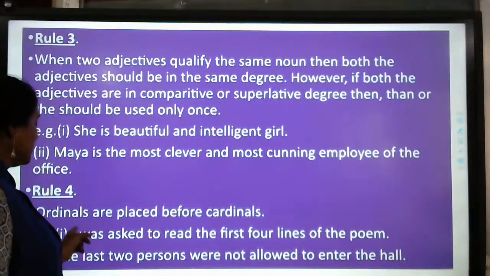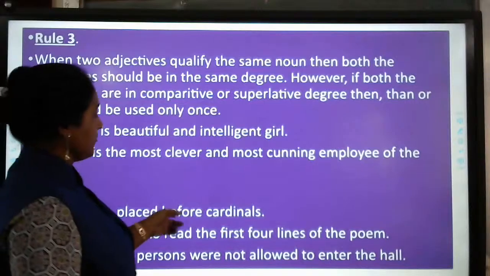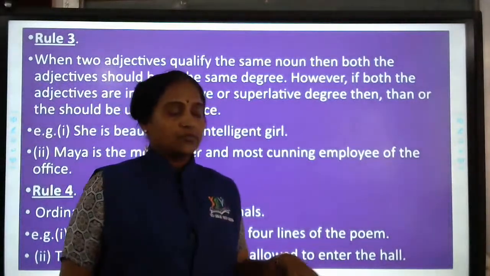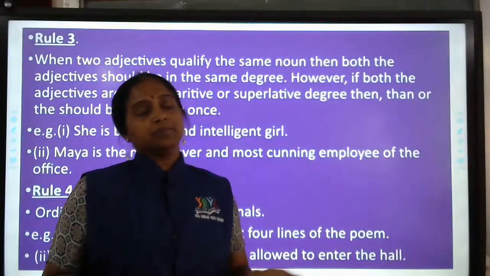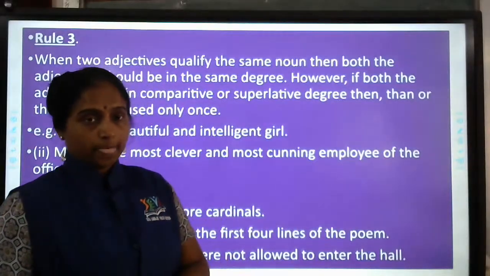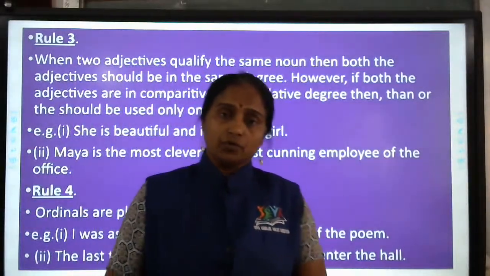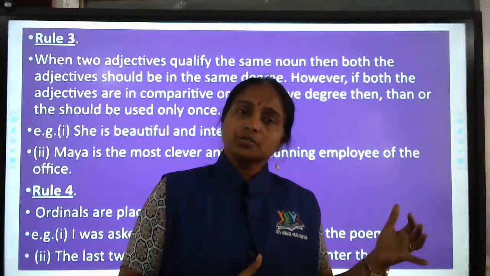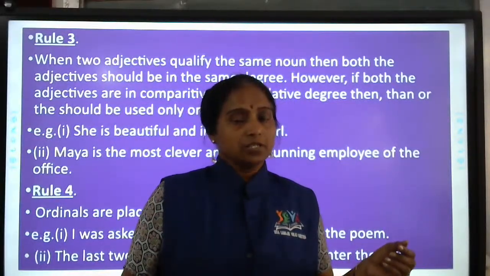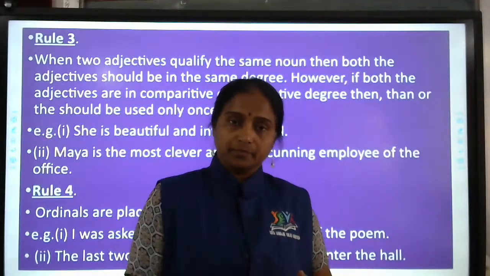Next, ordinals are placed before cardinals. First of all, tell me what you mean by cardinal numbers and ordinal numbers. 1, 2, 3, 4, 5, 20, 100 show the numbers, so they are called cardinal numbers.